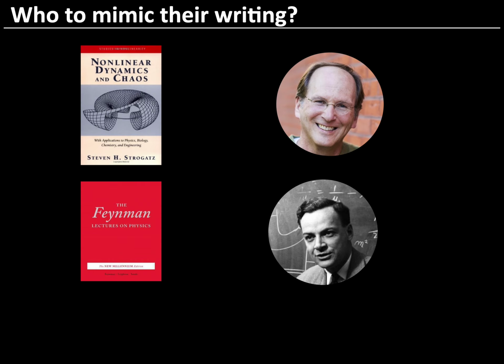So whom to mimic for writing? For me, I learned writing a lot from Steven Strogatz and Richard Feynman. You can get these two books, Nonlinear Dynamics and Chaos, and The Feynman Lectures on Physics.